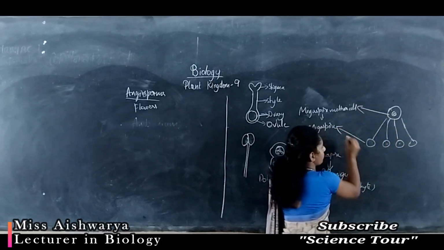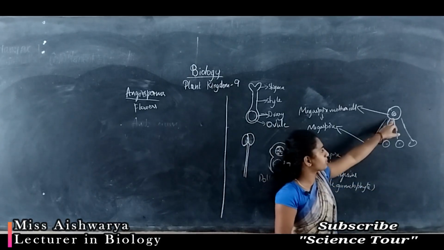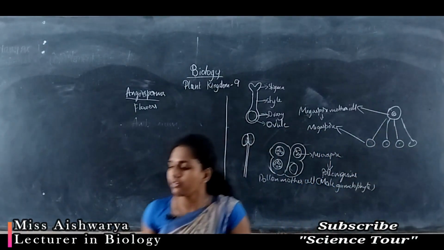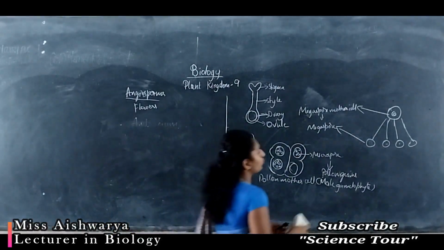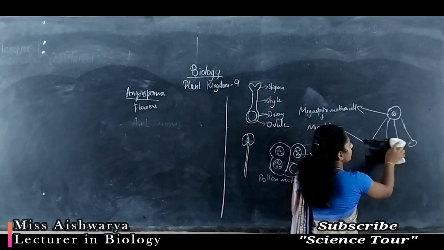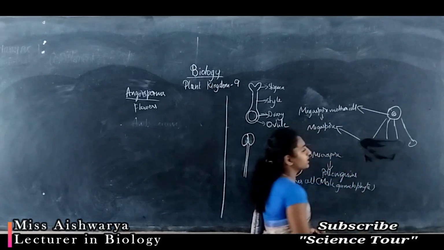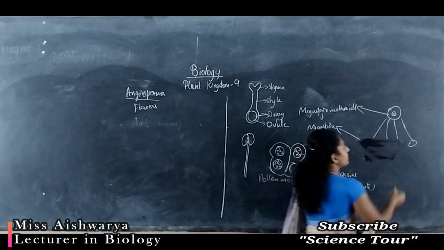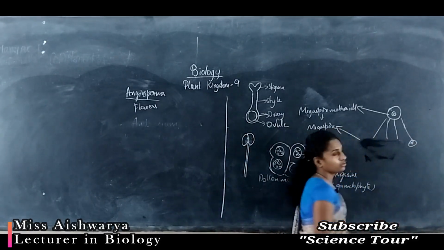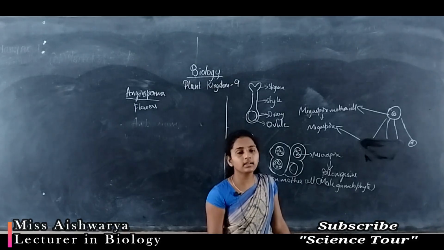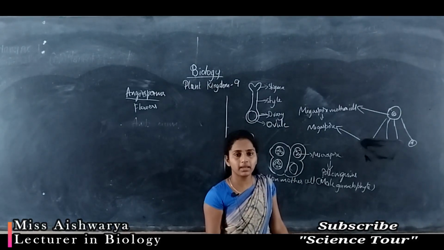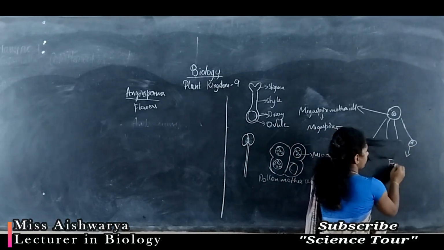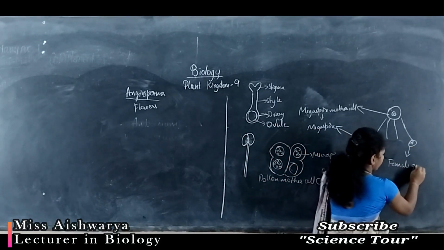Out of the four, three will degenerate, and the single remaining megaspore develops into the female gametophyte.